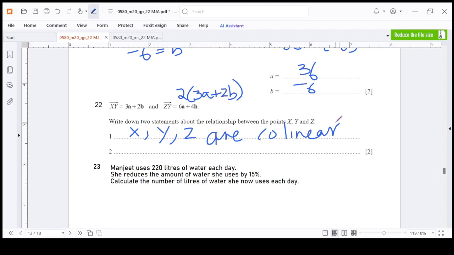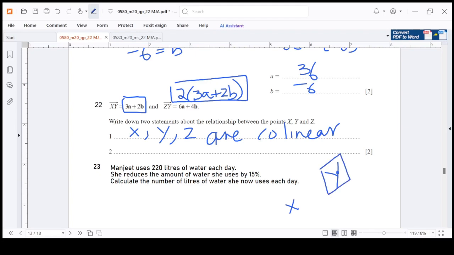Whenever you can write one vector as a multiple of the other vector, it means that the vectors are either parallel or collinear. In this case, they'll be collinear because we have x to y and then z to y. Since a point is shared between these two, they can't be parallel.